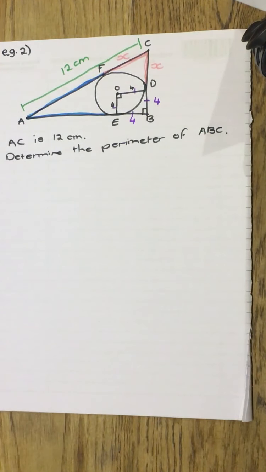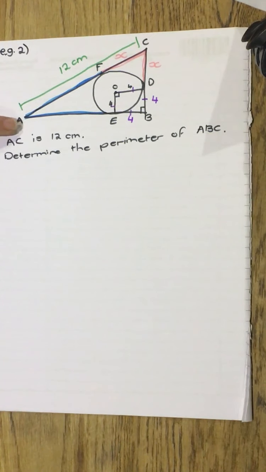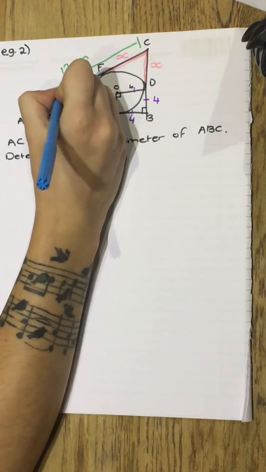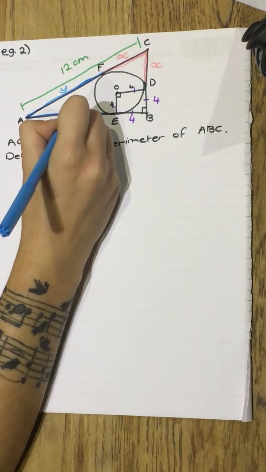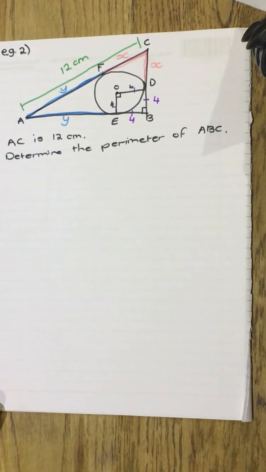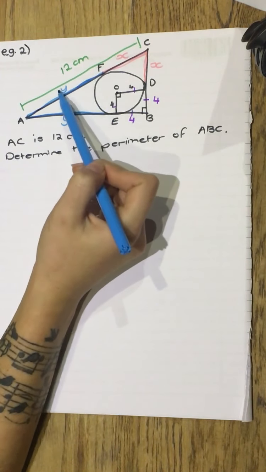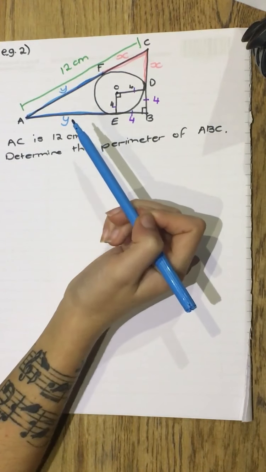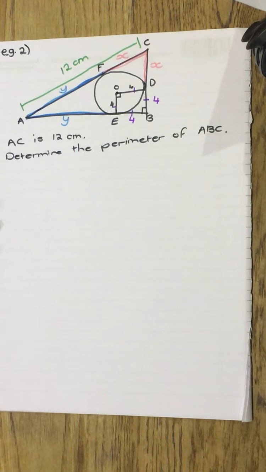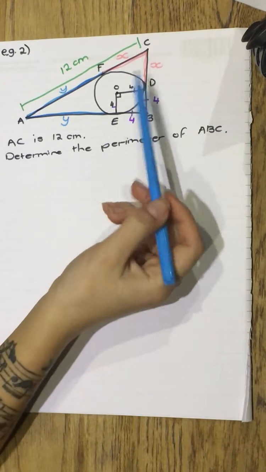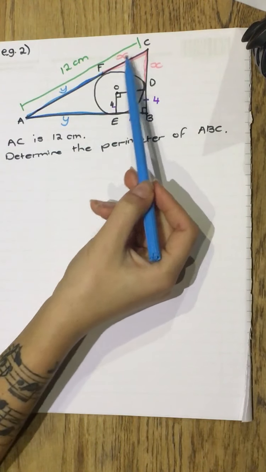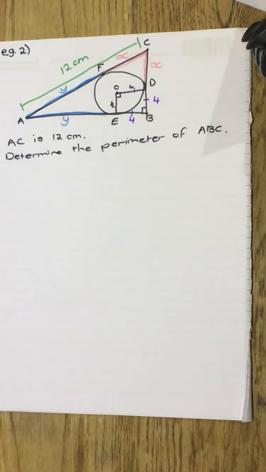So if that's drawn both from point A, and if this is Y, we can also call AE Y because they are equal to each other. Okay, and then remember lastly, you've got this little hint of y plus x is 12. So when we're answering this perimeter question, we'll probably use that. And remember, perimeter means all your sides added together.